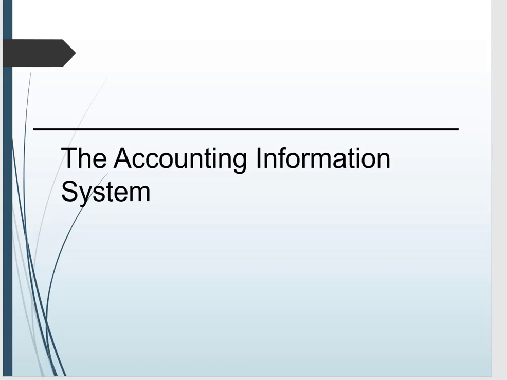This time we're going to talk a little bit about the accounting information system. Essentially, we're going to discuss how we record economic events. A regular accounting course is going to get really involved with a lot of things called debits and credits.